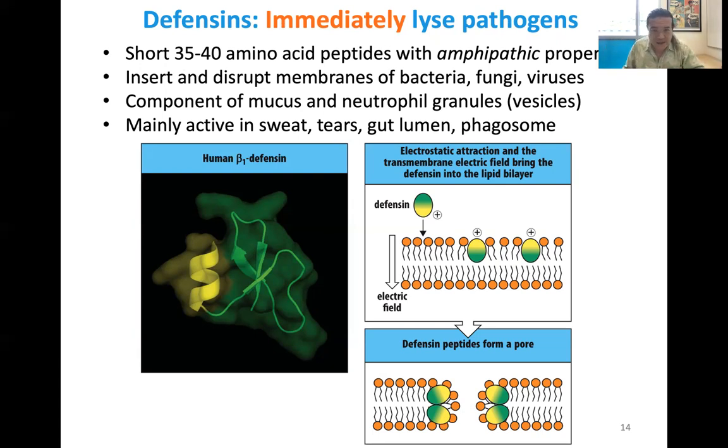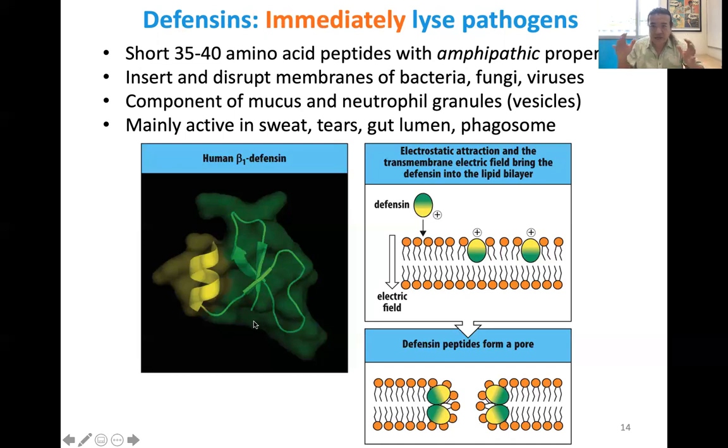Right? And this is the structure of it. Both the yellow and the green, if you follow the ribbon around, I actually don't know which is the N terminal, which is the C terminal, but the point is you could follow it all the way around and it's one chain of 35 to 40 amino acids. But because of the nature of the amino acids, you have certain regions that have polar charged side chains off the amino acids and regions of this protein that are not charged and not polar.